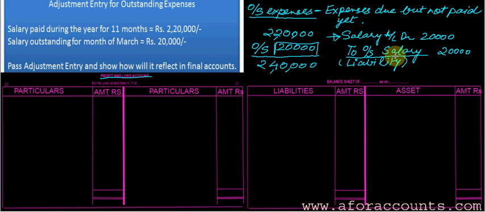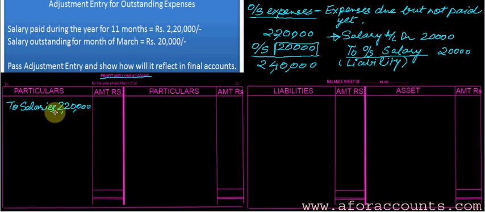So how will you present it in the profit and loss account and balance sheet? I have salaries paid, so P&L debit to salaries 2,20,000. Write it in the inner column, because this is not all that corresponds to this year; I have some more portion which I have not paid.